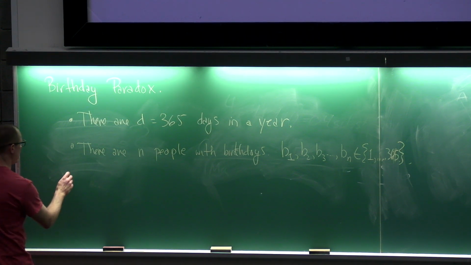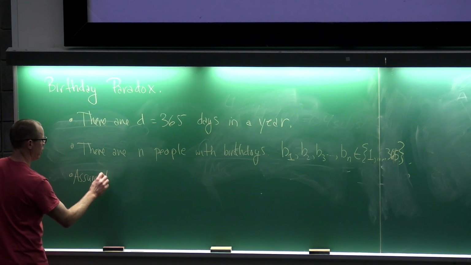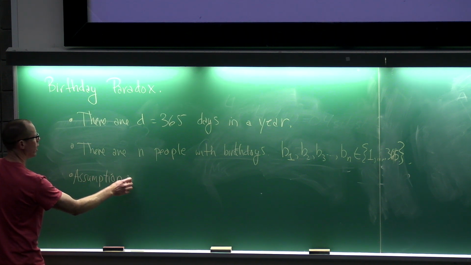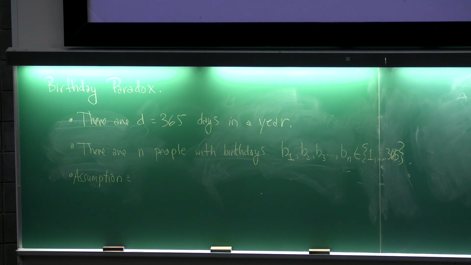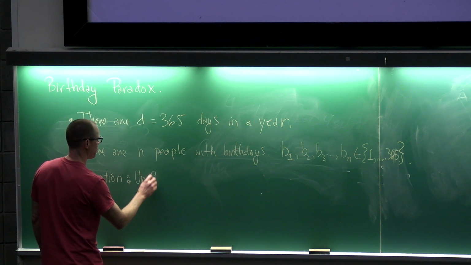And the assumption that we'll work with, probably not actually valid for birthdays, but it's okay, we'll use it as a toy model for now, is that we have a uniform sample space.